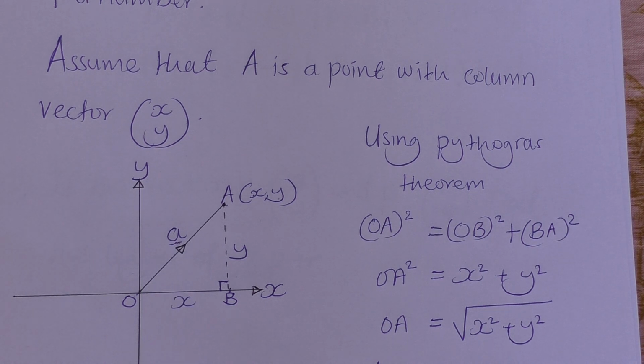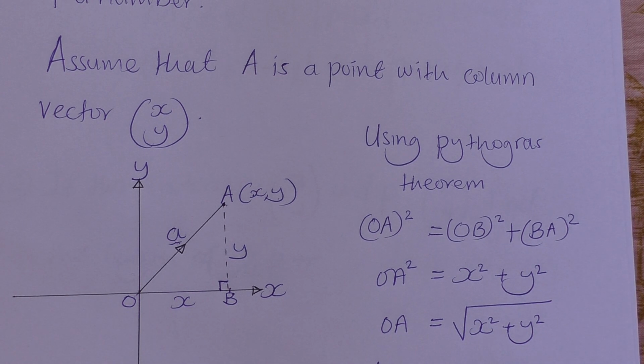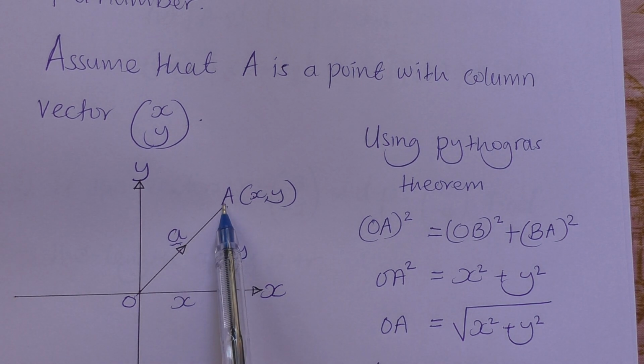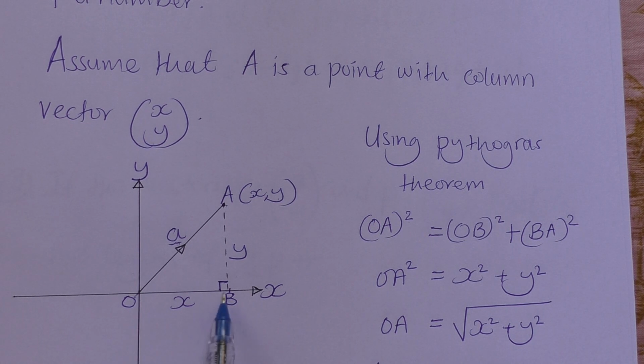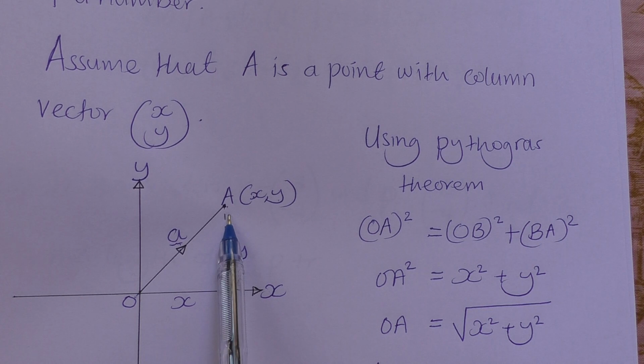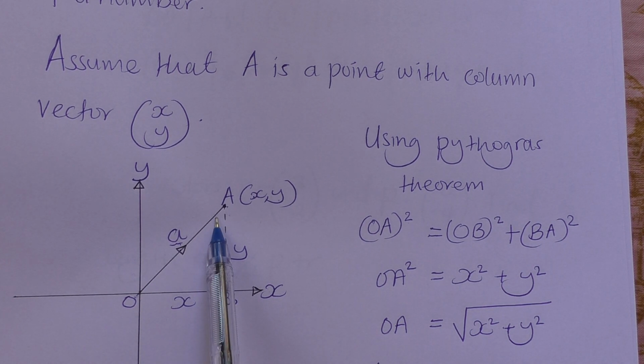We are to find the magnitude of vector A, which is the same as the hypotenuse. So we shall borrow a leaf from the Pythagoras theorem, which states that a squared plus b squared equals c squared. In this case, we have OA squared equals OB squared plus BA squared, where OA is the modulus or the magnitude we are looking for.